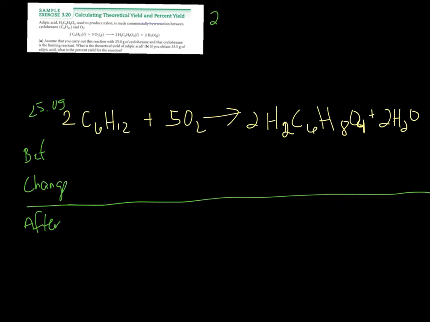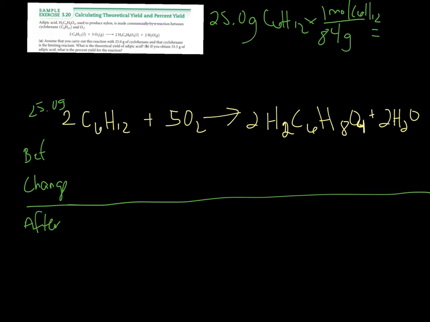I have 25 grams of C6H12, and I'm going to multiply that by its molar mass. So for every 1 mole of C6H12, how many grams do I have? Let's calculate that. I calculate that as 84 grams of C6H12 for every 1 mole.